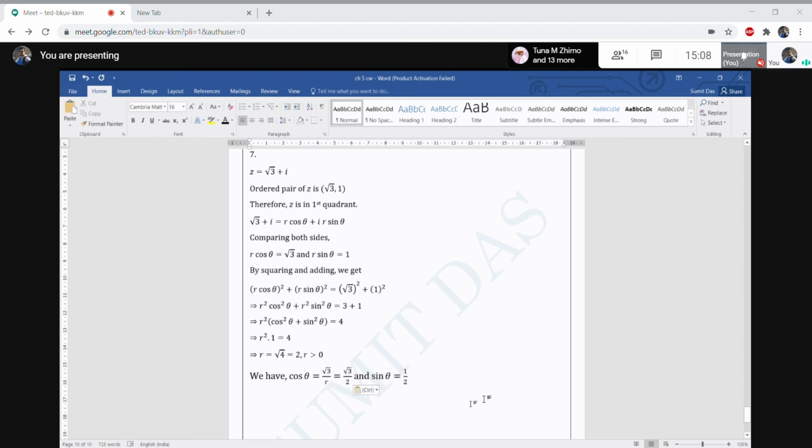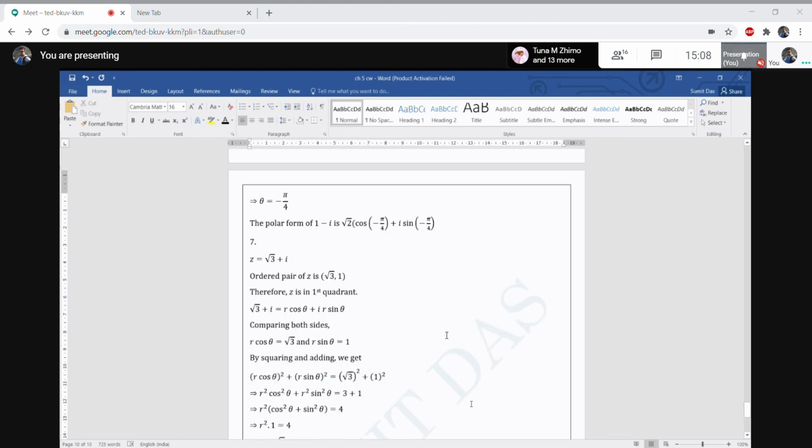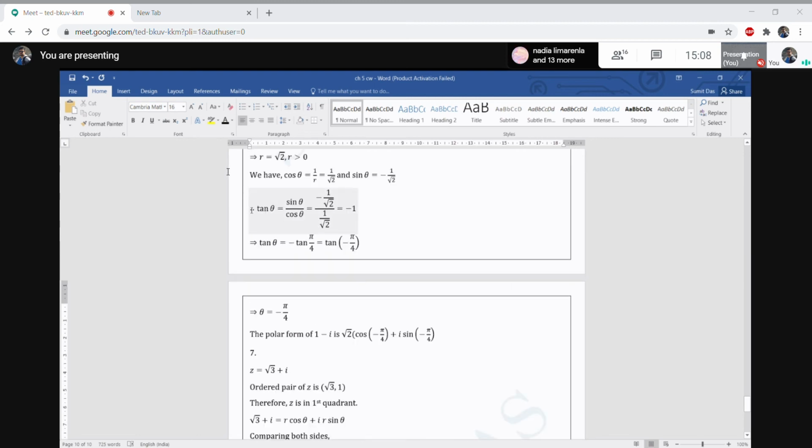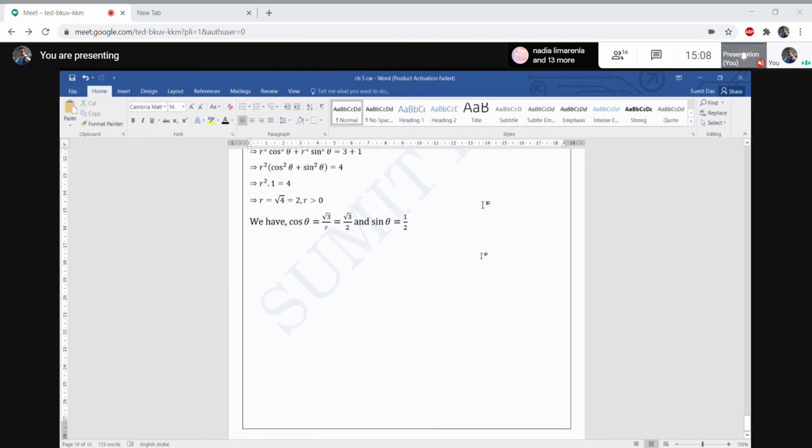We can find it like tan, as I did before. We can do it like this also, or you can directly write that therefore theta equals this. Tan theta is 1 by 2 divided by root 3 by 2.